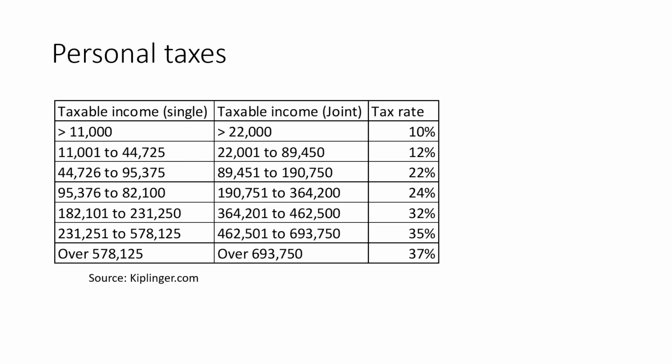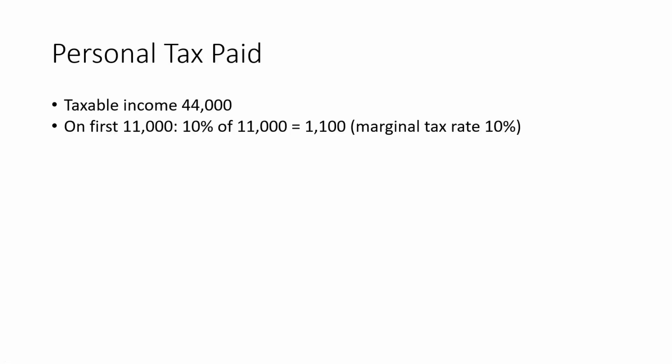If their income is, let's say, between 11,000 and 44,725, they'll pay a tax rate of 12% on any money earned above 11,000, and so on and so forth. So this goes on until $578,125 of income, over which they'll pay a tax of 37%.